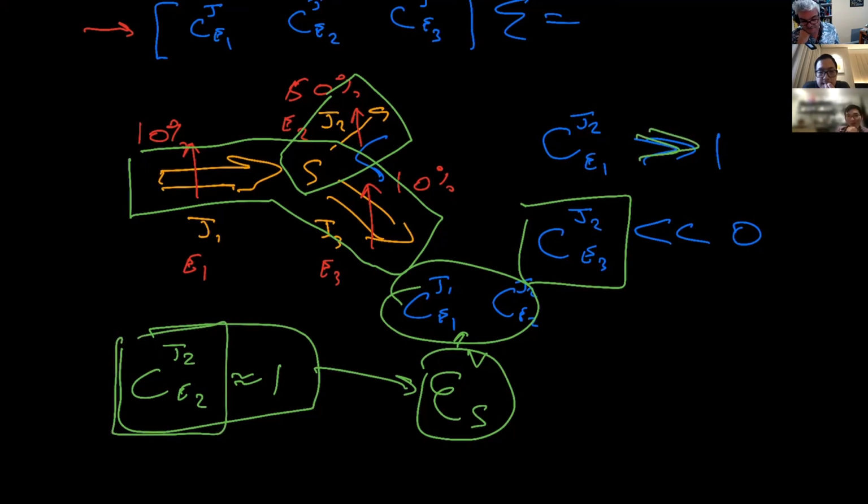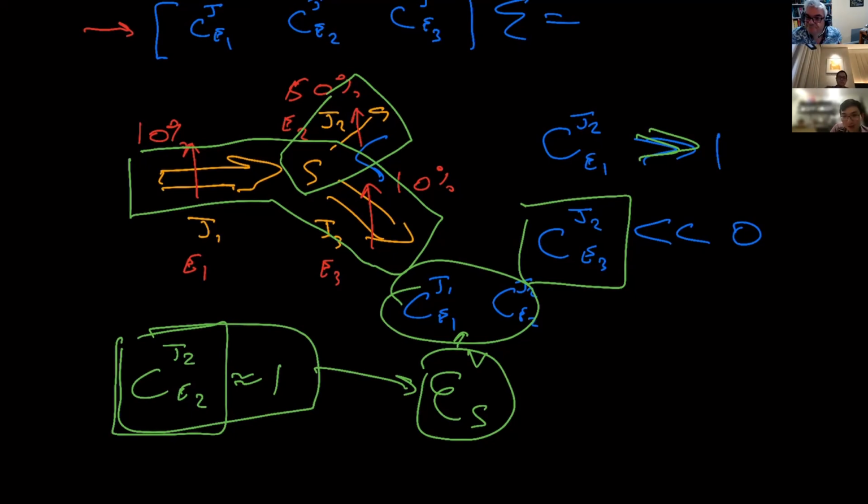No, with respect to E1. If I increase E1, it causes an increase in S. But if you add those two terms, they should be less than 1. Wait, is that right? If you add them up. No, they'll always sum to 1. All rows will always sum to 1.